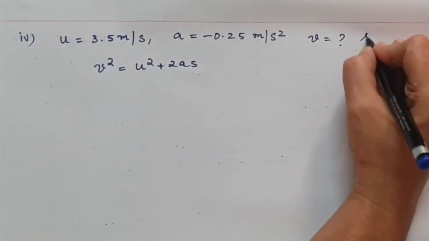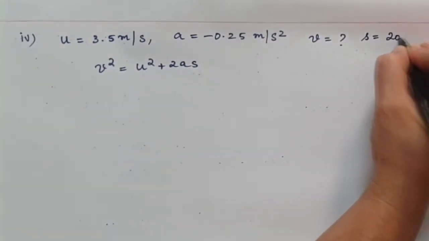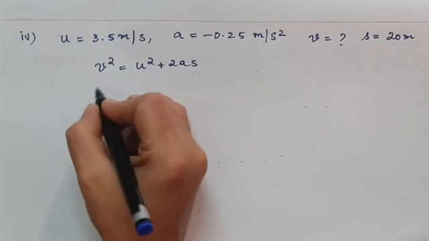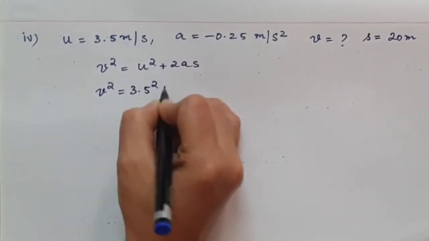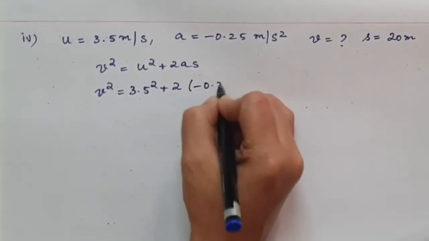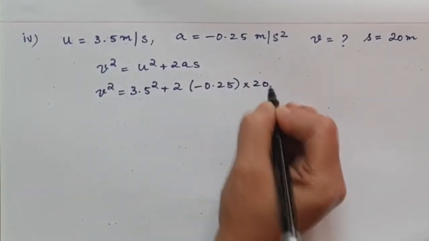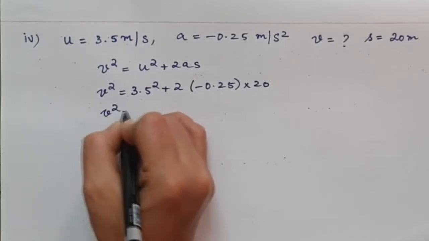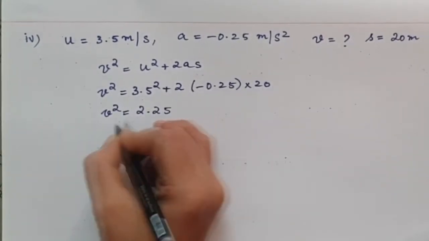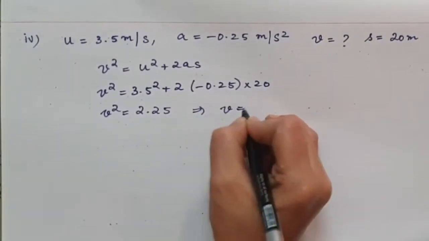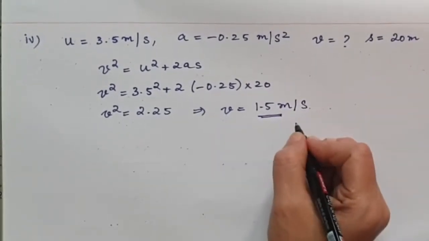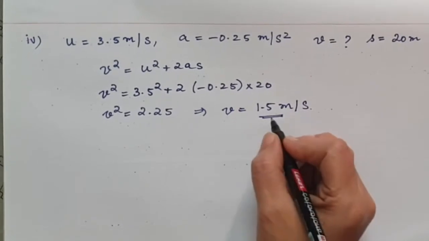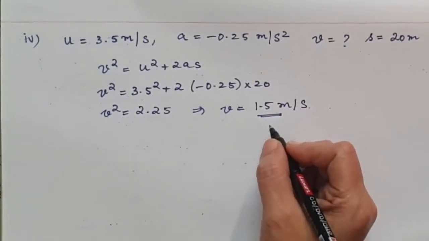And in our previous part, we have calculated s as 20 meters, so we can insert that over here. So v squared will be equal to 3.5 squared plus 2 into minus 0.25 into 20. When we simplify, we get v squared equal to 2.25. So v equal to 1.5 meter per second. The speed at which the block passes the point A is 1.5 meter per second.